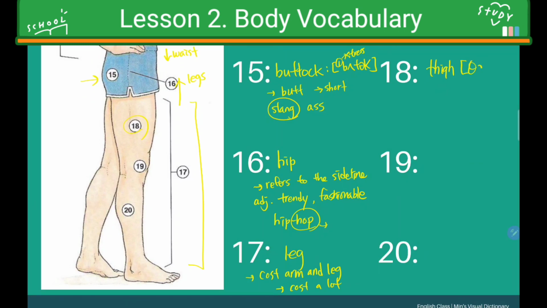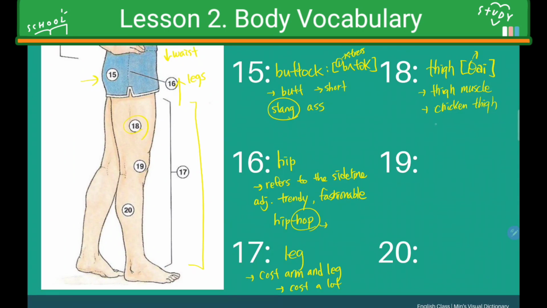And this one has this pronunciation, th, and thigh. And a popular term would be thigh muscle. Wow, you have a great thigh muscle. Or, I love chicken thigh. Or, women love thigh boot.